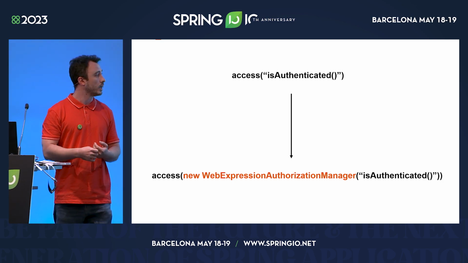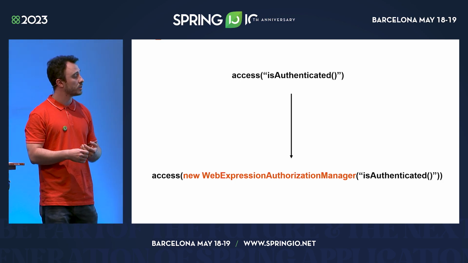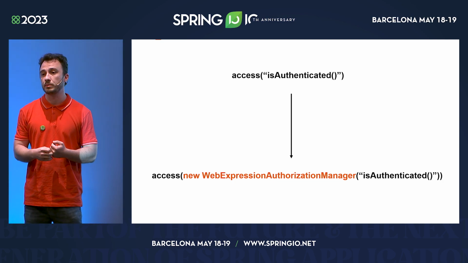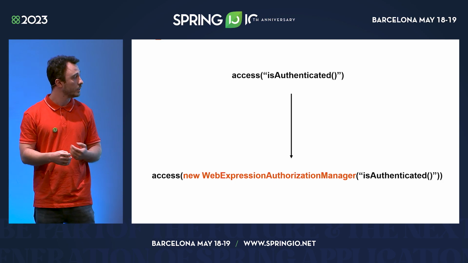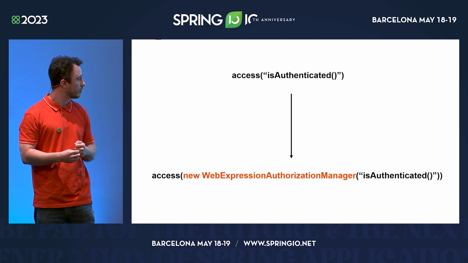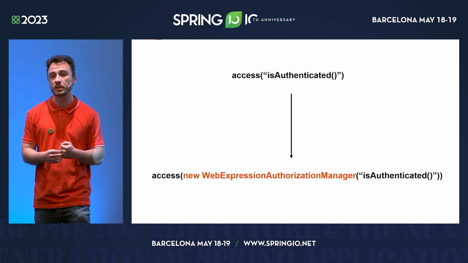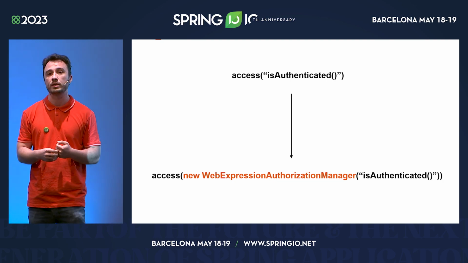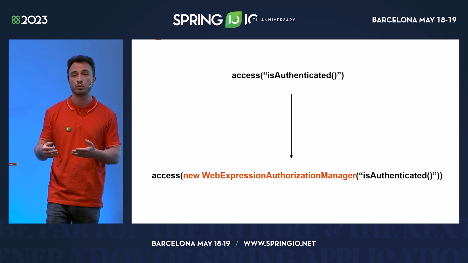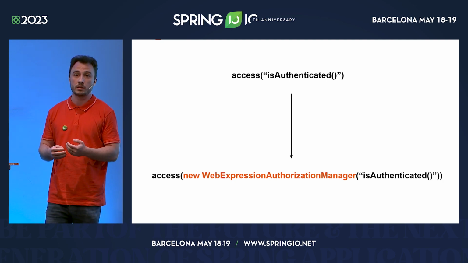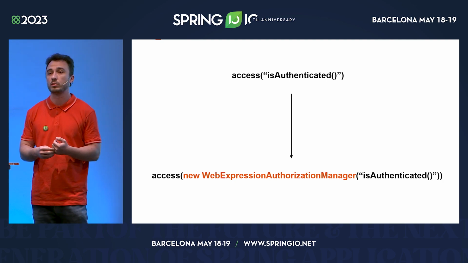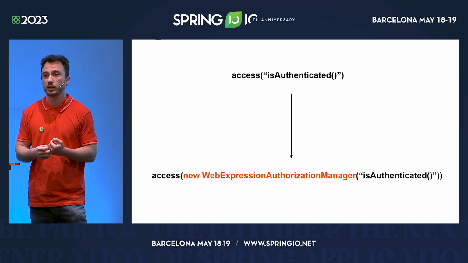Of course, all implementations for interpreting a SpEL expression have been provided by Spring Security, and WebExpressionAuthorizationManager is basically an implementation of the AuthorizationManager interface that allows you to still give a SpEL expression, and this way, of course, you will not be impacted too dramatically by the upgrade.